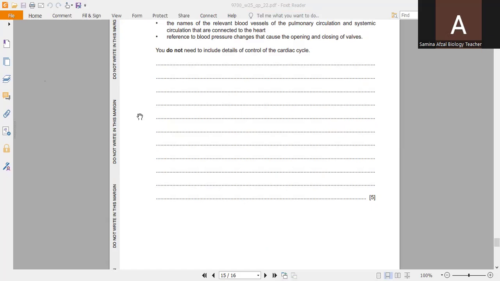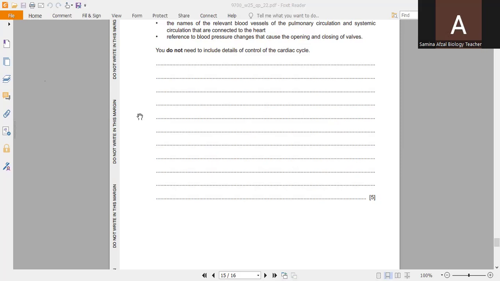We have to write for 5 marks. So in this question, we will discuss the names of the blood vessels. First of all, I would like to talk about the pulmonary vein, where oxygenated blood returns from the lungs and enters the left atrium via the pulmonary vein.